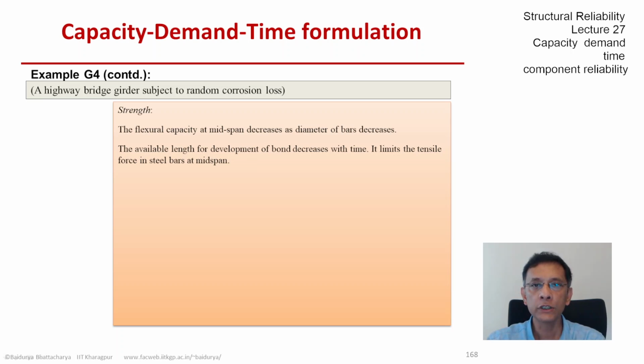So corrosion affects the bending moment capacity of the beam, both through reducing the area of the rebars as well as reducing the bond length with the concrete.